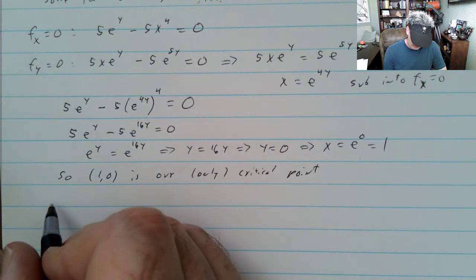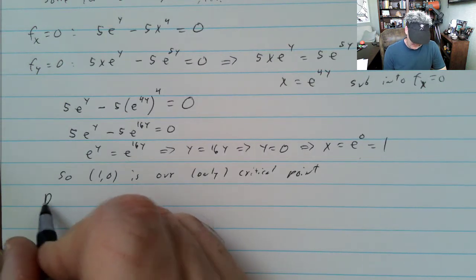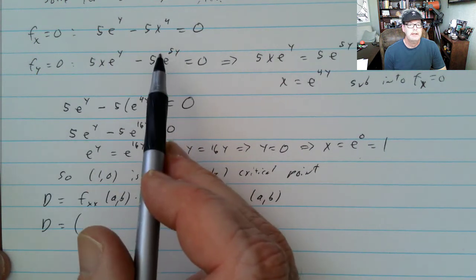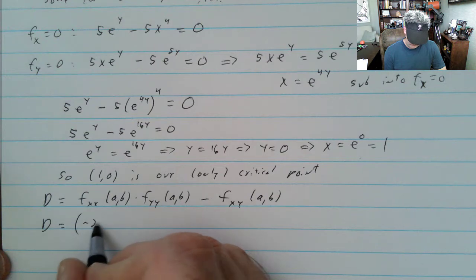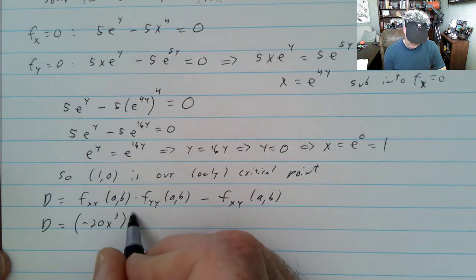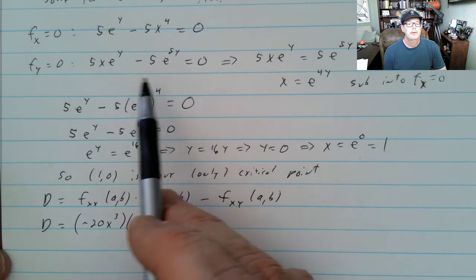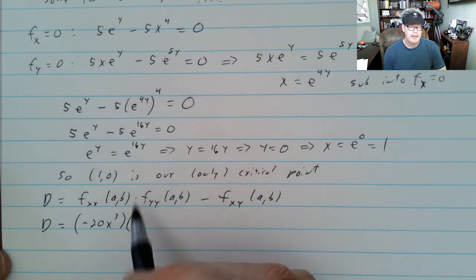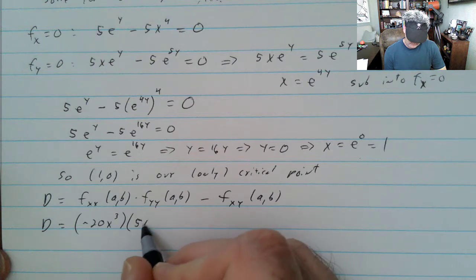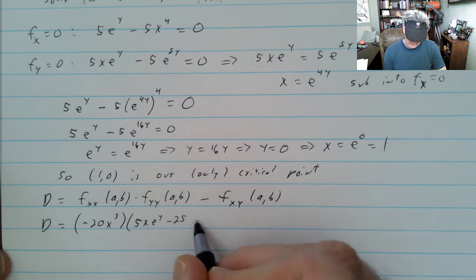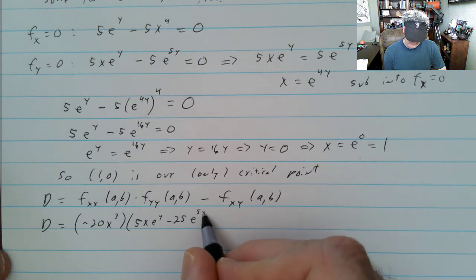Let's label it. So for the discriminant, f sub xx is going to be negative 20x cubed. f sub yy will be a little more involved, that'll be 5x e to the y minus 25 e to the 5y.